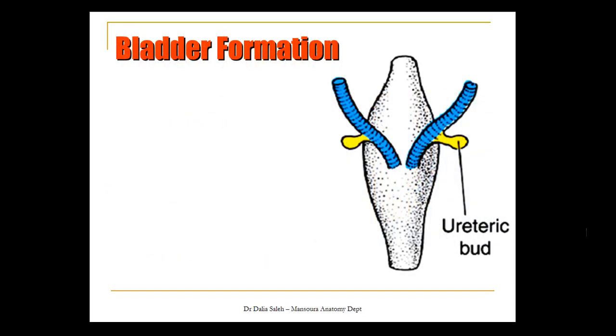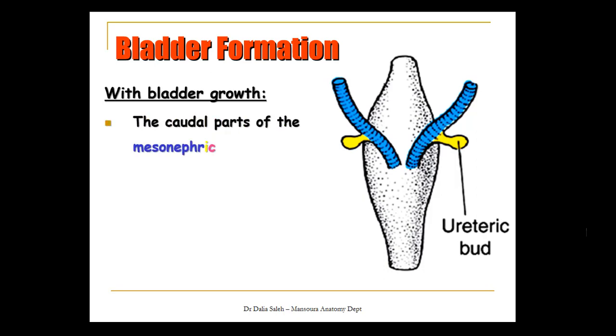In this diagram, we are looking at the urinary bladder from the back, and you can see the entrance of the two mesonephric ducts into the urogenital sinus, and at their caudal end emerges the ureteric bud. So with the bladder growth, the caudal parts of the mesonephric ducts will fuse within the wall of the urinary bladder.